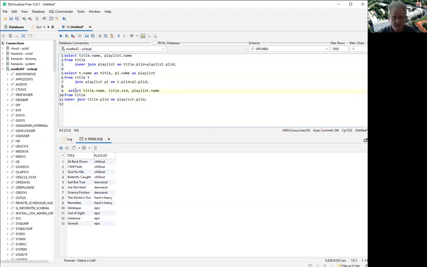And the point is here playlist is missing. So table name, inner join, and then you need also the table name playlist. And then PL, and then you have the keyword on, and here you have to use equals.